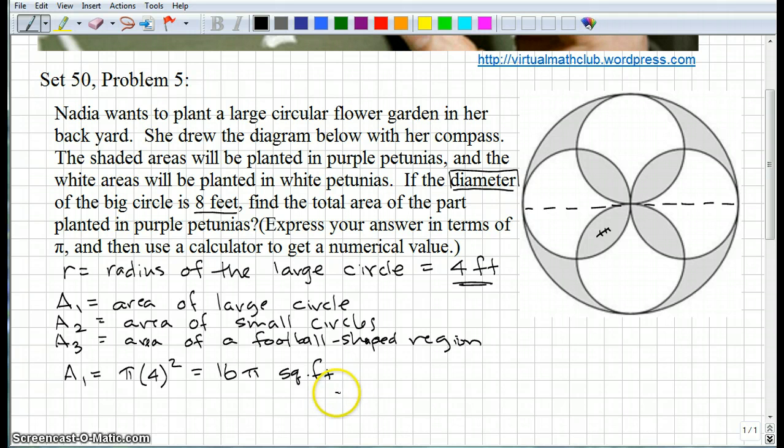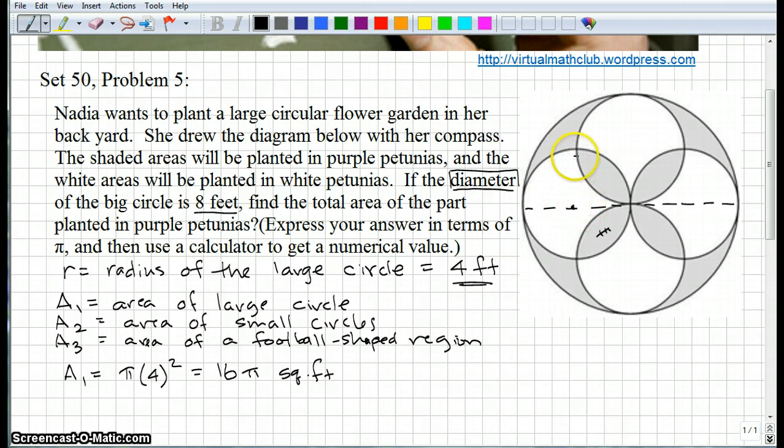That part's easy. And actually the area of the smaller circles is easy too, because I'm going to impose a grid here. You can see we have 2 small circles that span the diameter of the large circle. So each of those smaller circles has to be half of the large circle. So we've got diameters of 4, which means a radius of 2.